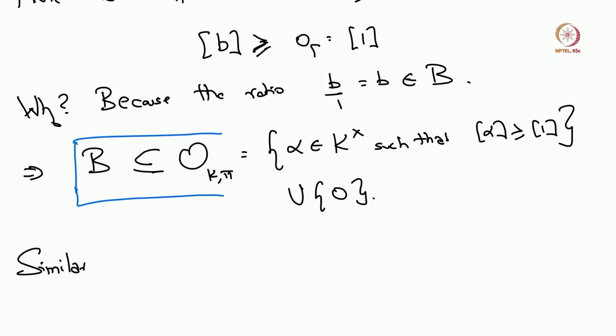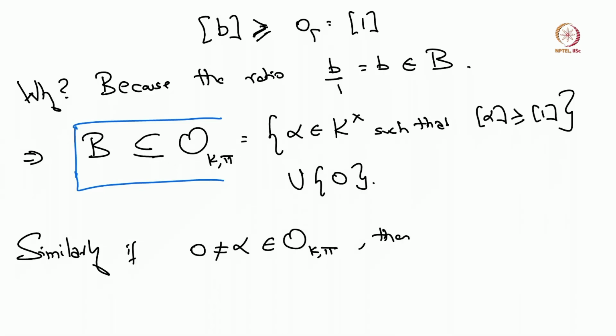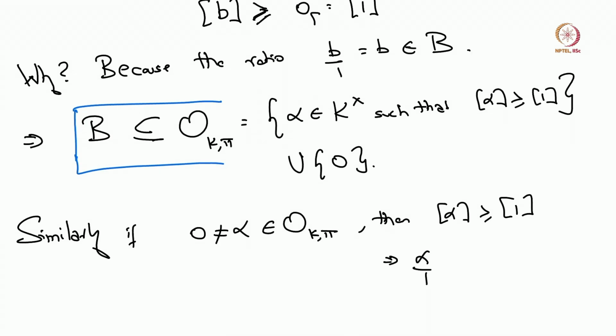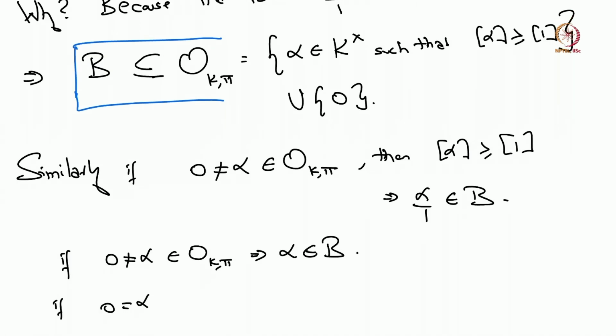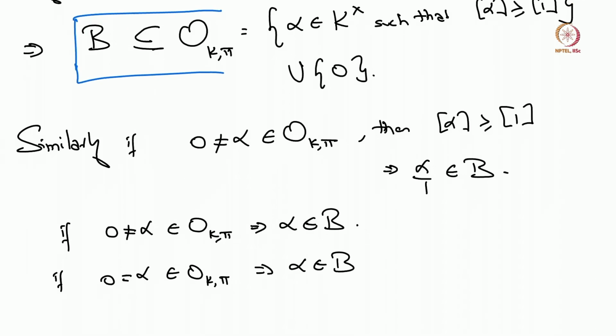Now similarly, if you have an element alpha that's not 0 and that's in OK pi, again if you're in OK pi, that means that your valuation is larger than or equal to the identity element, which means that alpha over 1 belongs to B. So alpha belongs to B. But if alpha is 0, is a 0 element of OK pi, then also you belong to B because B is a ring and it contains 0.